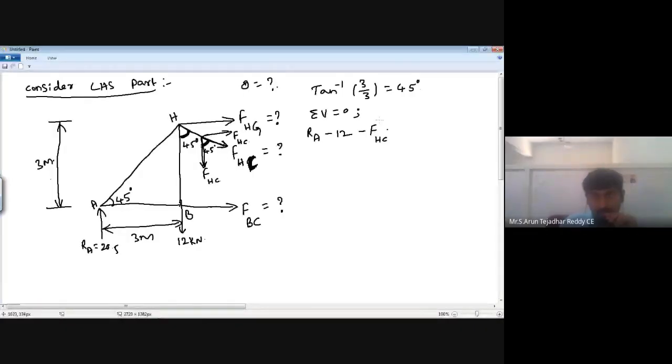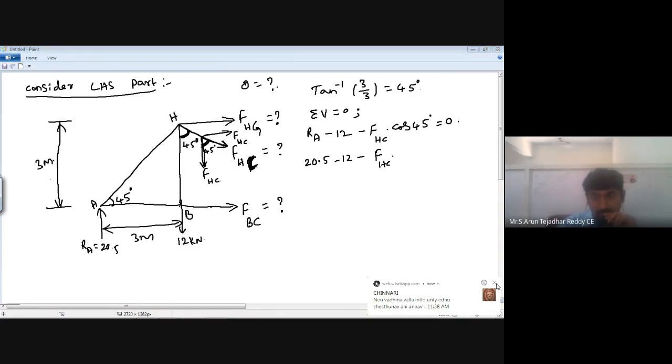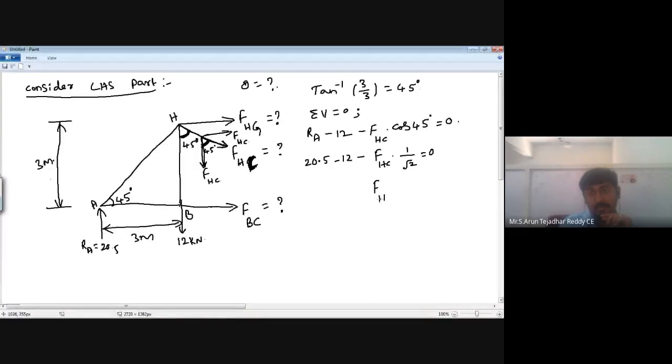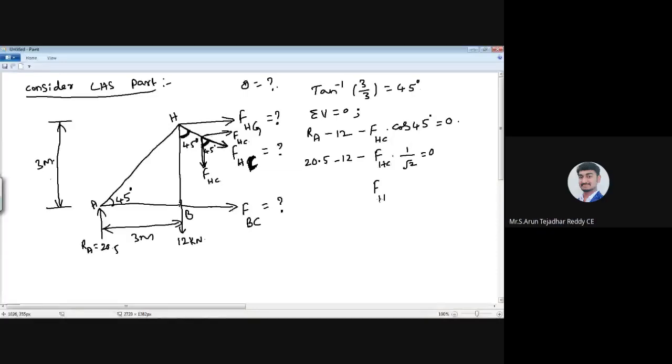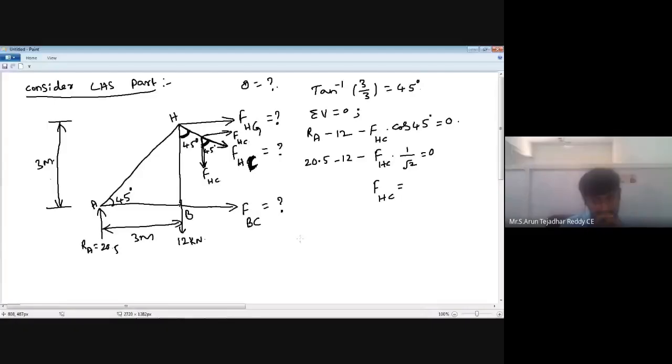It means cos 45 degree, equal to 0. We know the RA value, so just substitute it: 20.5 minus 12 minus FHC times cos 45, which is 1 by root 2, equals 0. Then what is the value of FHC?